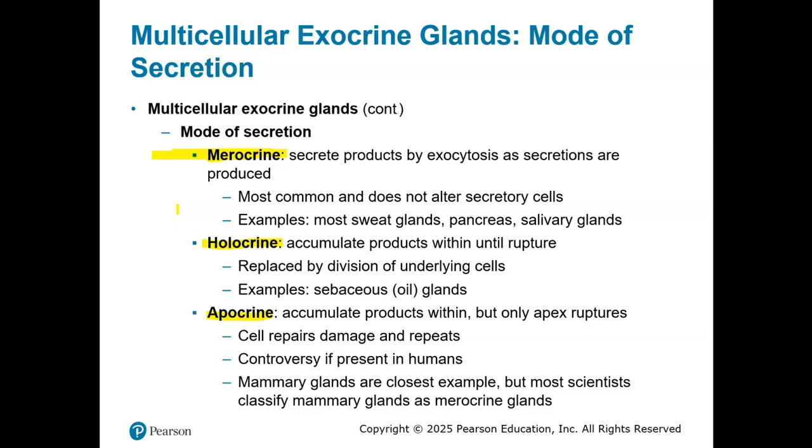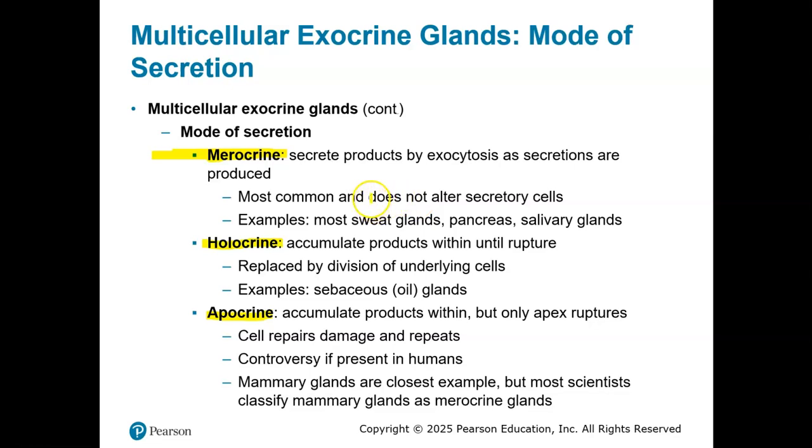So, if they're merocrine secretions, then they release their product by exocytosis, and the cell that releases that product is not damaged at all. That cell continues to be healthy and release more secretion.